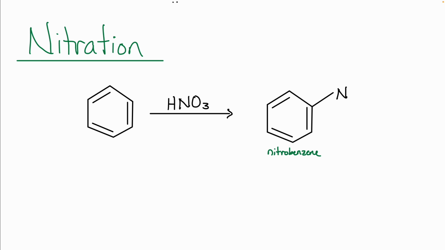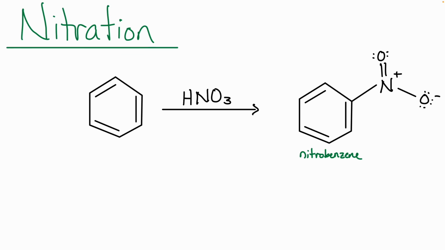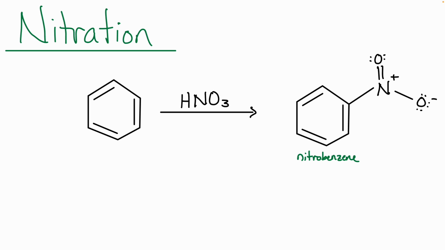I'm going to draw out the Lewis structure here, just to be clear. My nitrogen would have a formal charge of +1, and my single bonded oxygen a formal charge of -1. Likewise, these reactions always have some sort of a catalyst in there. For your nitration reaction, you add nitric acid in the presence of a strong acid catalyst like sulfuric acid.